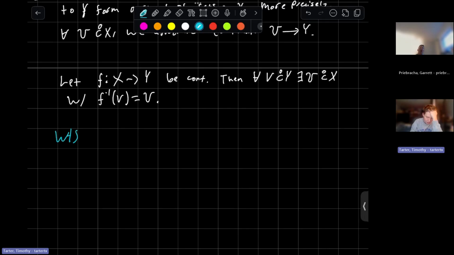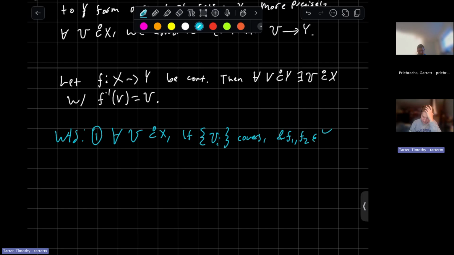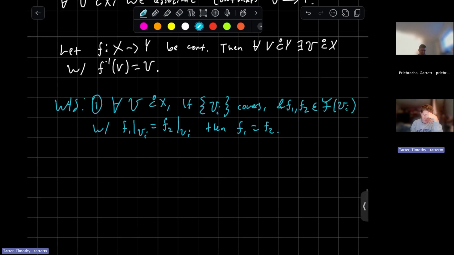So we want to show in the first case that for every open set U in X, if UI is an open cover, and F1 and F2 are in the section over UI with F1 restricted to UI equal to F2 restricted to UI, then F1 is equal to F2.